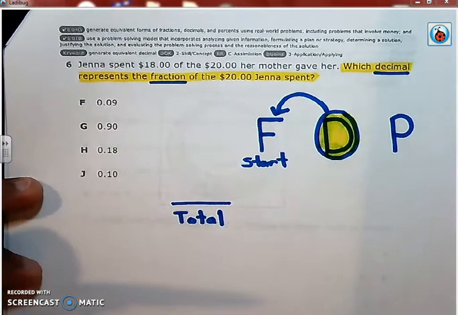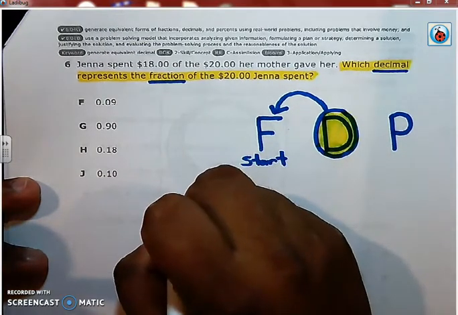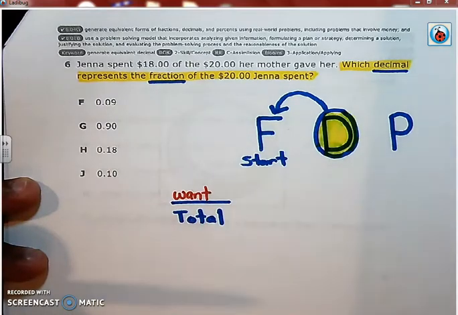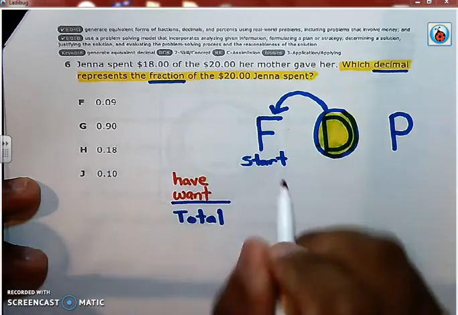The top part of every fraction is what you want, what the question is asking you for, what it wants, or what you have.